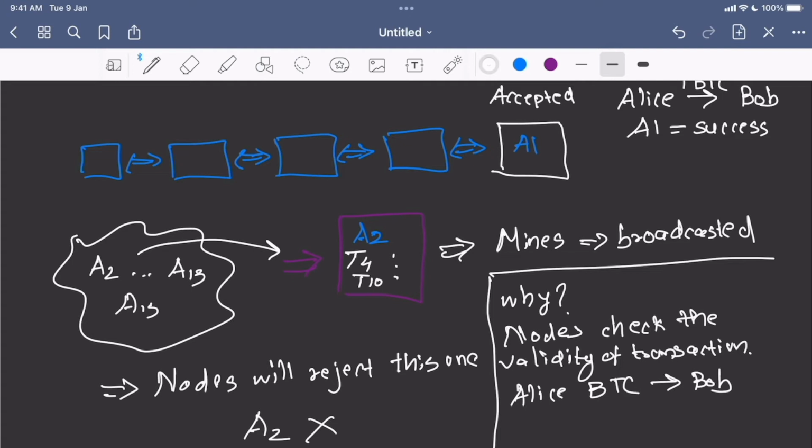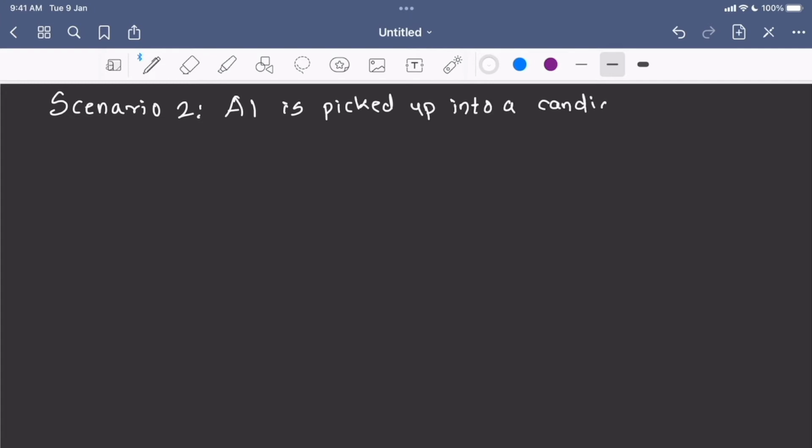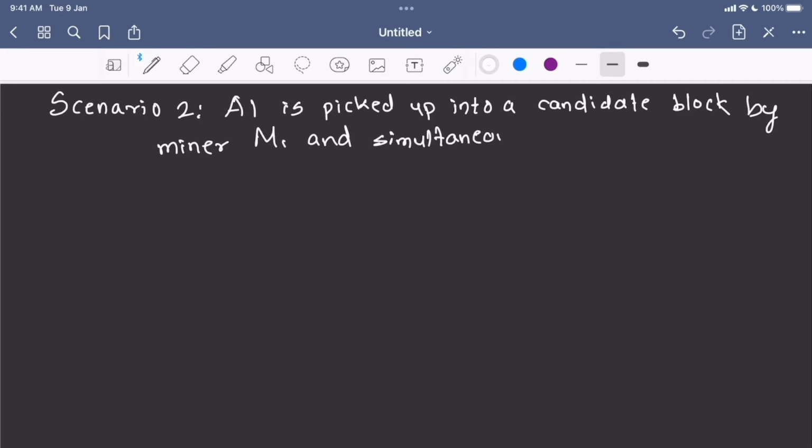Now, let's look at a more complicated scenario than the previous one. Let's write it down. Scenario 2, A1 is picked up into a candidate block by miner M1 and simultaneously.